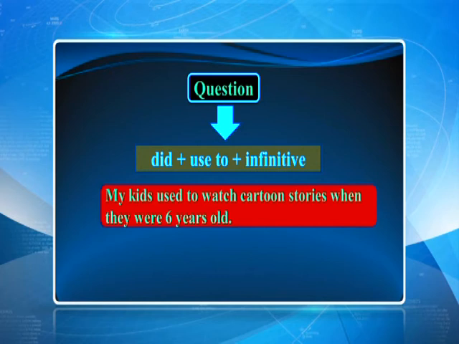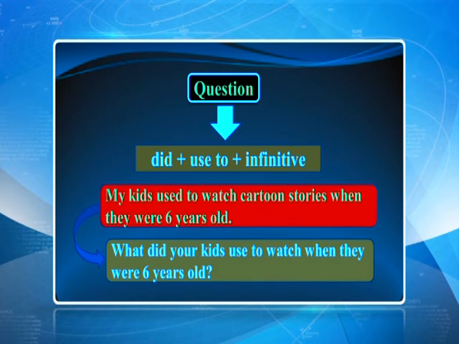Notice, this is past. You can ask many questions, of course, but I shall focus on a question that asks about the cartoon stories. So how can we make a question? See, what did your kids use to watch when they were 6 years old? Well, this is actually the form of used to when we talk about the question.